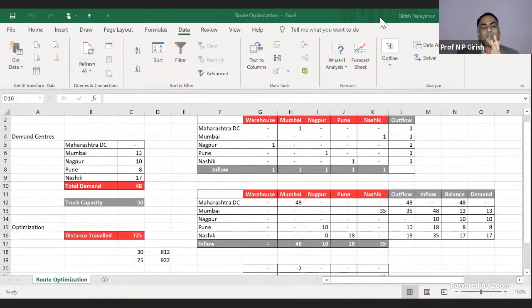There's nothing right or wrong. It's a chosen solution depending on what we are looking at. So maybe it's a suboptimal decision, but that makes sense because of the lead time. Okay. So let's close this one and try to talk about the lead time.